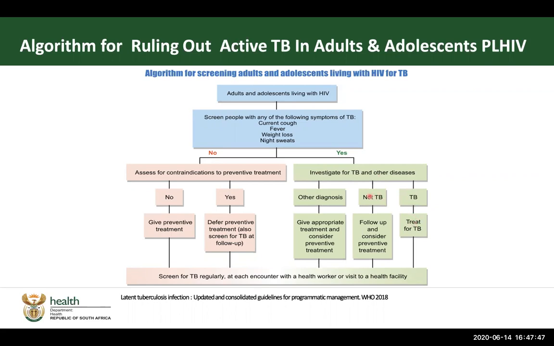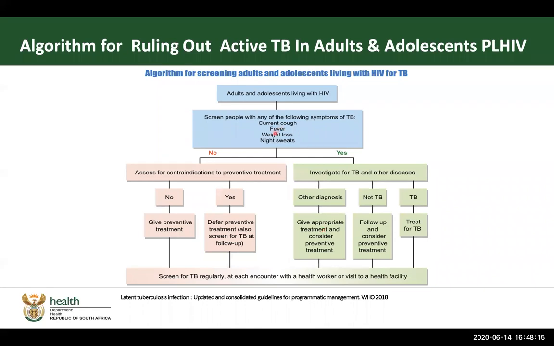If TB was not confirmed, maybe this was a community-acquired pneumonia or flu or things like that, we would then proceed to provide necessary follow-up and consider them for preventative therapy at a later stage. And if there is another diagnosis, irrespective of what that is, we would then provide appropriate treatment as needed.